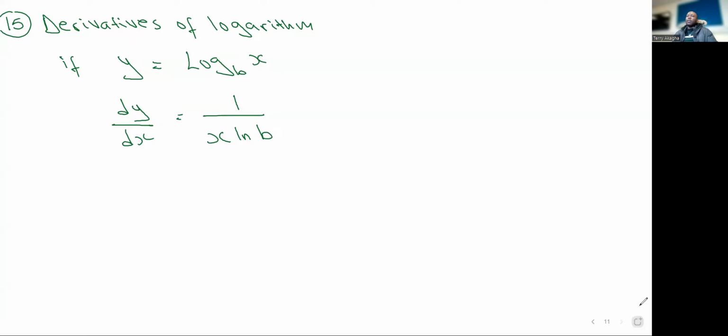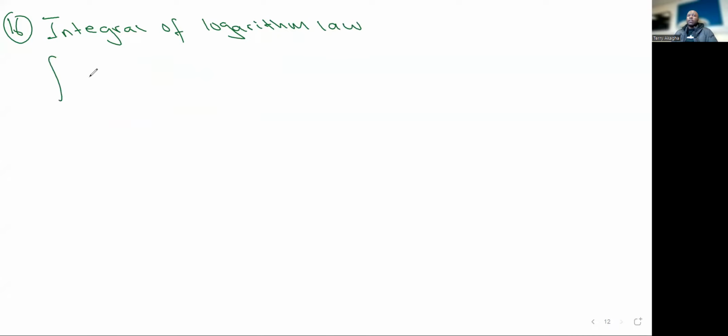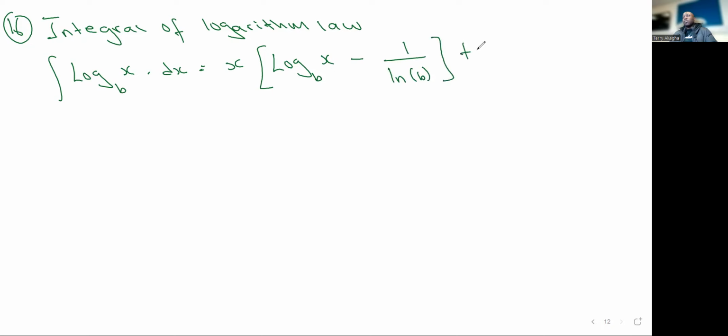All right, so let's talk about the last law. The last law is what we call the integral of logarithm. So when you're integrating log x to base b with respect to dx, what it is going to give you is x log x to base b minus 1 over ln b, plus c.